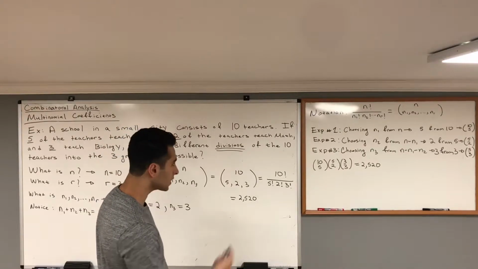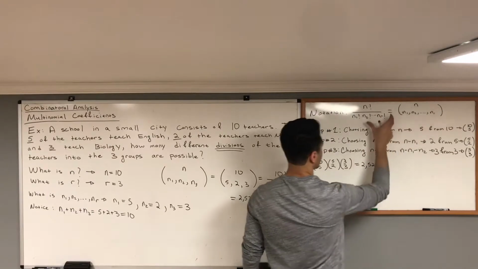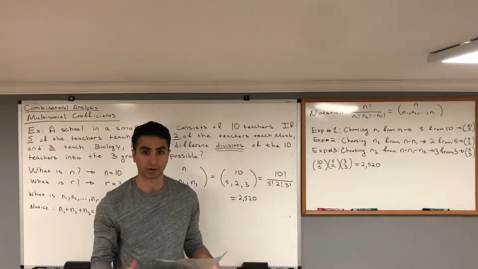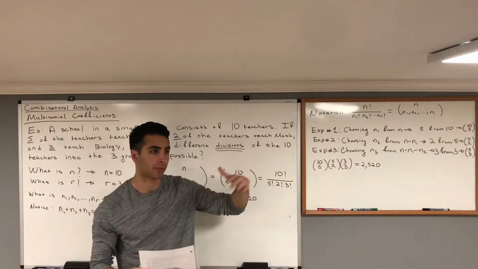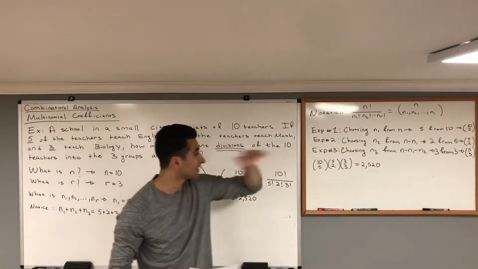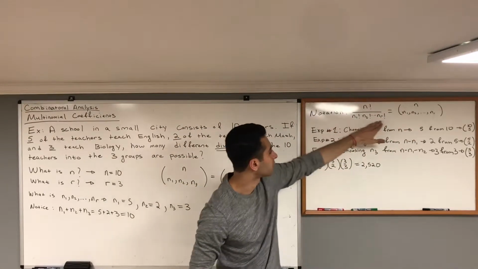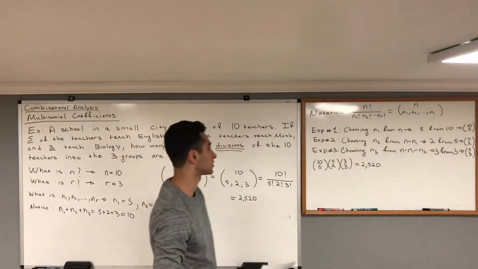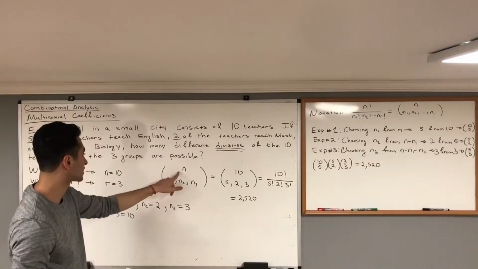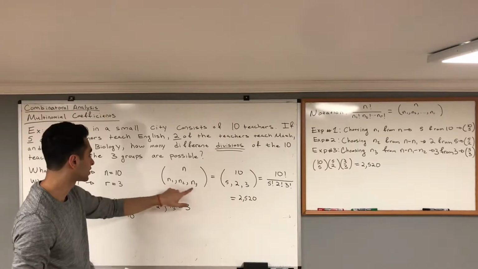And that's it. Yeah, sorry about not explaining the notation earlier. So this means that and that means that. Just like we had our regular binomial coefficient, n choose r meant n factorial over n minus r factorial times r factorial. In this case, this means n factorial over all this product, and that's it. So in this case, we only had 3 groups, so you have only 3 numbers here.